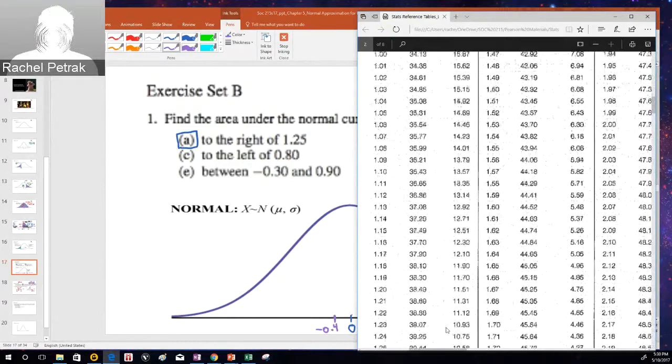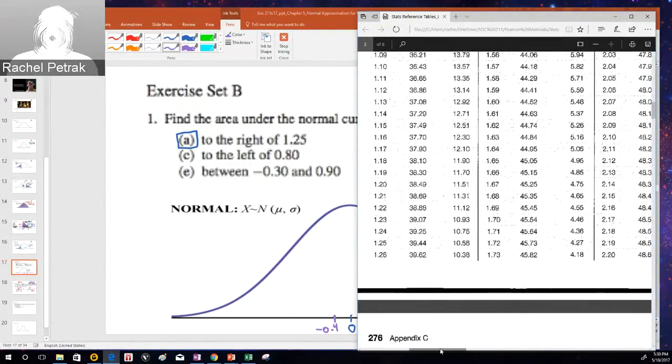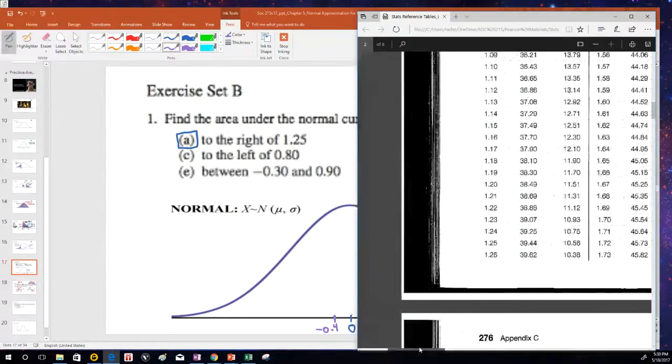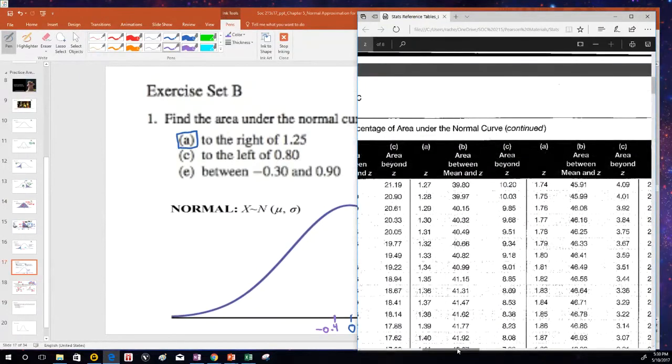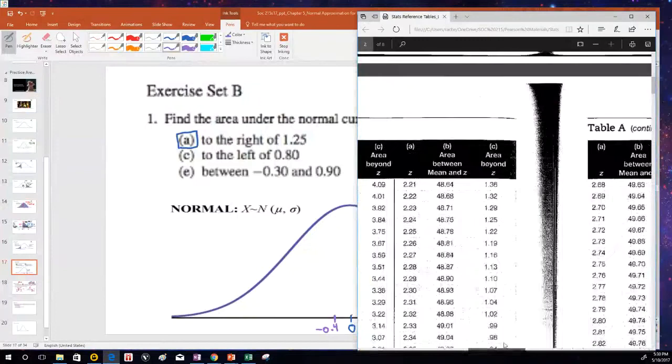and which column are we going to use this time?